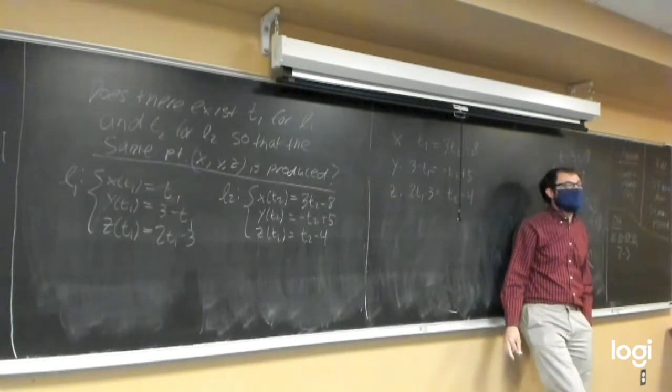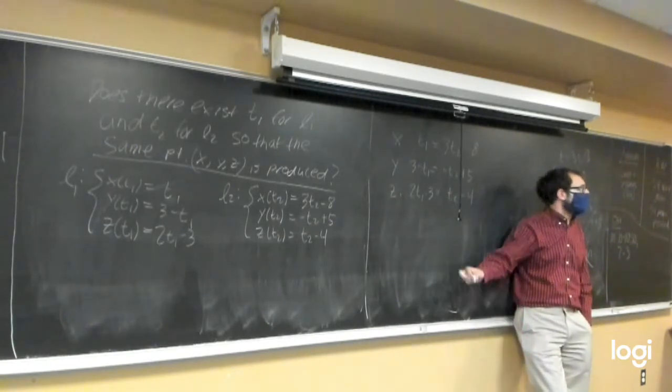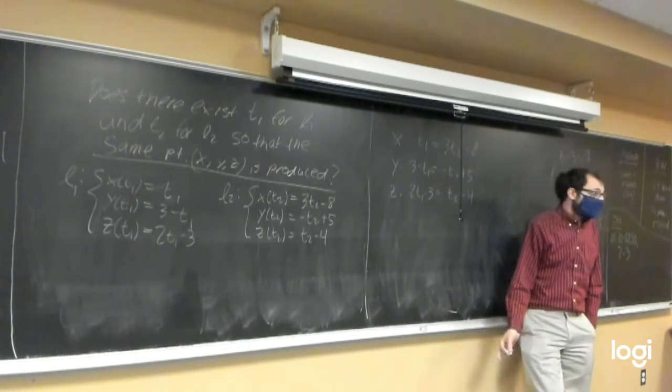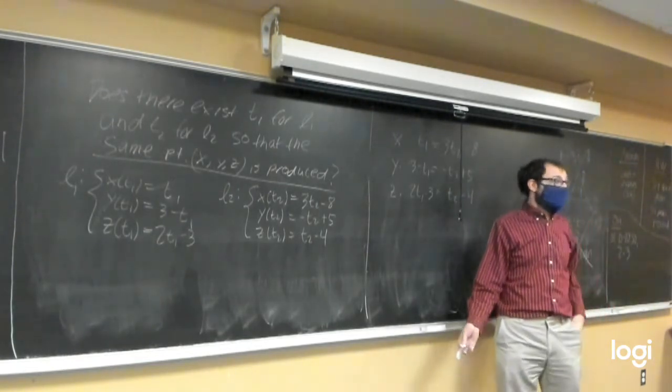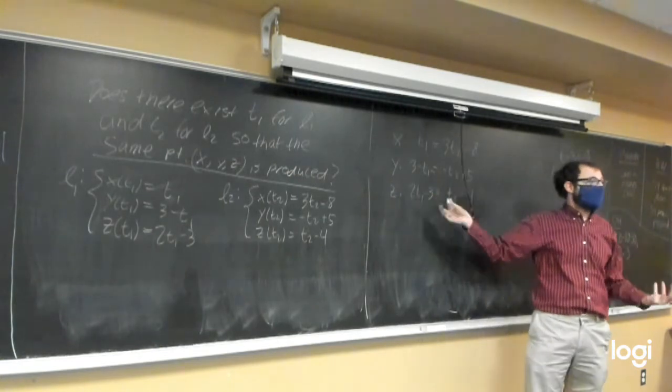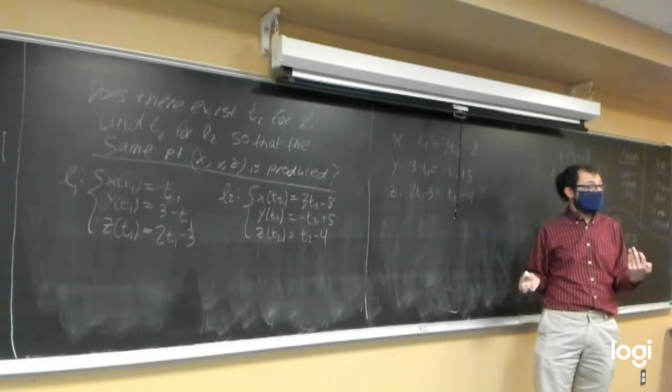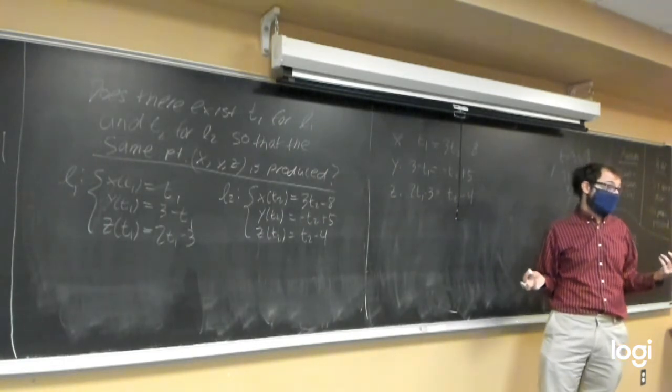And if we can find a t1 and a t2 that'll solve this system of equations, then we'll know whether or not the lines intersect. If there is no t1 and t2 making all of these equal, no point of intersection. If we can find a t1 and t2, the lines intersect.